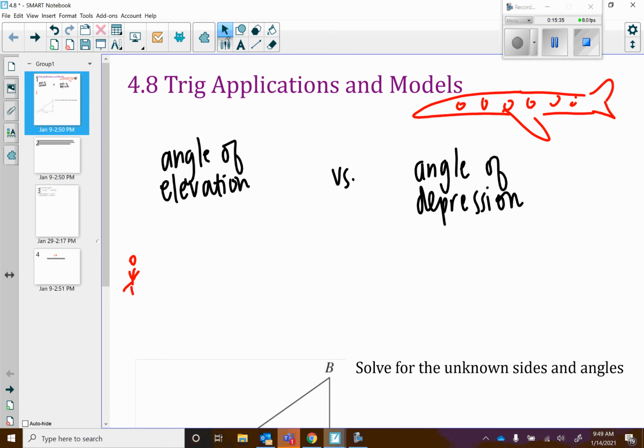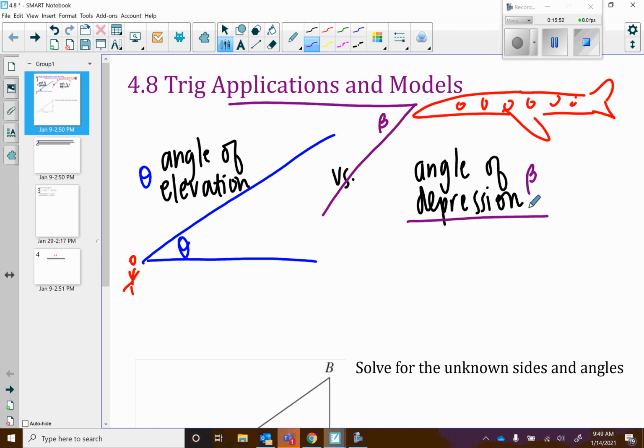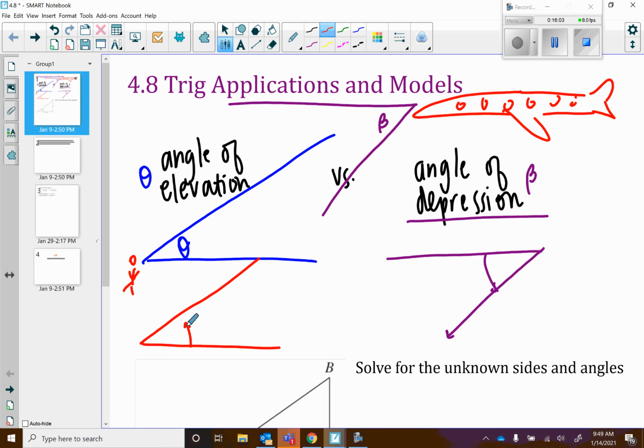Okay, angle of elevation would be from his eyesight up to the plane, and an angle of depression would be like the plane's eyesight, I guess, down to that person. So angle of depression, you are starting at a horizontal and basically opening down to get that angle. An angle of elevation, starting at some horizontal and opening up to get to that angle.